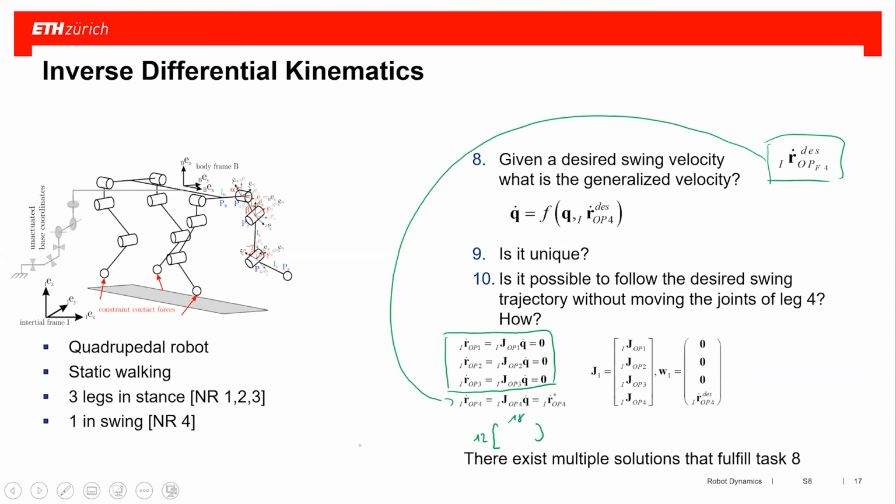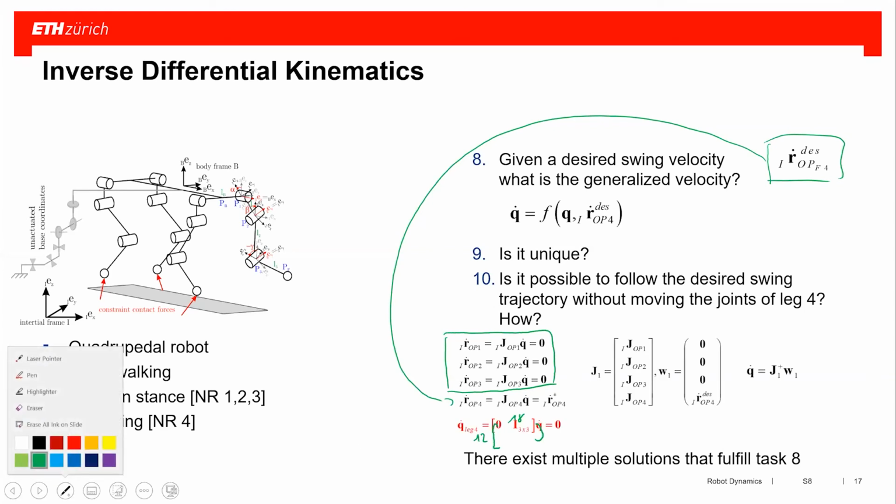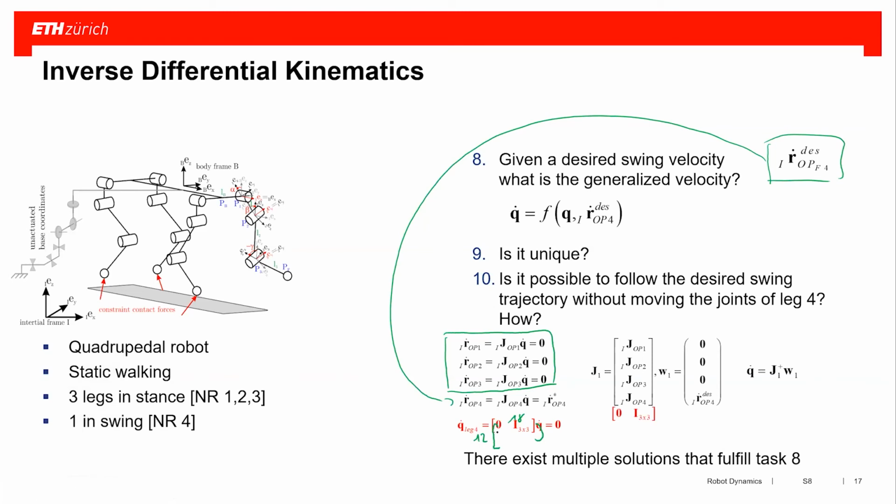The additional constraint, which says that these joints, I select the joints of the 4th leg. So I select these 3 joints out of my q-dots, and set these ones to be 0.